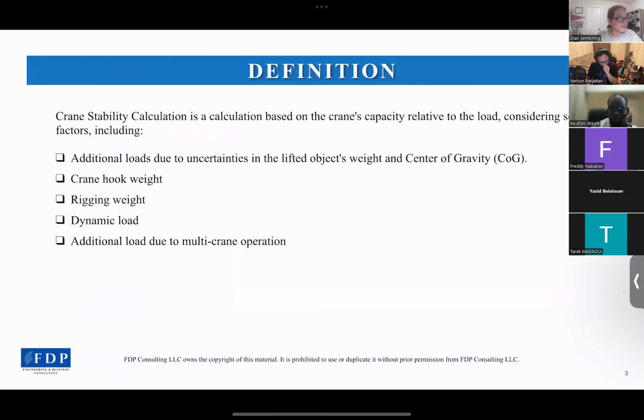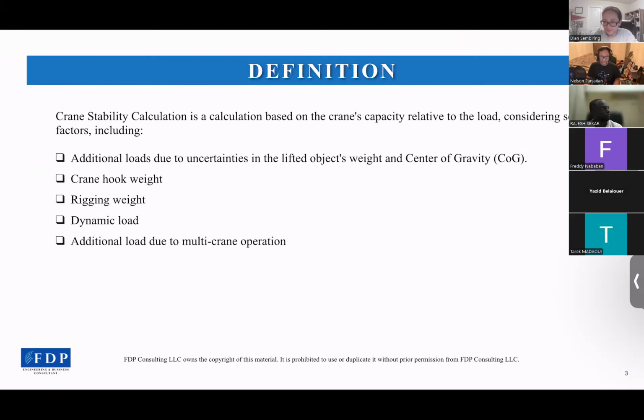So in this part two, we will discuss crane stability based on the load capacity. There are several factors that should be considered to check crane stability based on the load capacity. They are additional loads due to uncertainties in the lifted object's weight and COG. We call it gross weight.